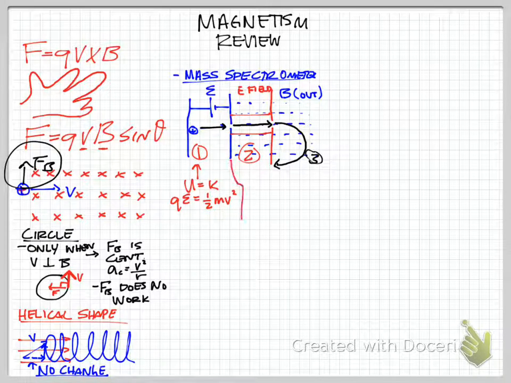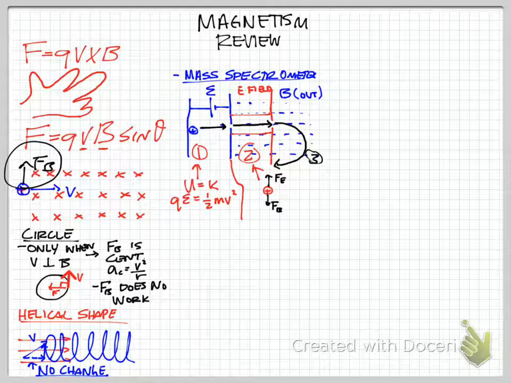In the second region, the velocity selector, that's what we call that, for our positive particle, we saw that the magnetic field had to be down. So we're going to have an electric force that's up, and since it's a positive particle, that also means the electric field is going to be up.